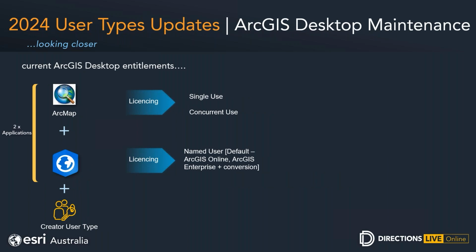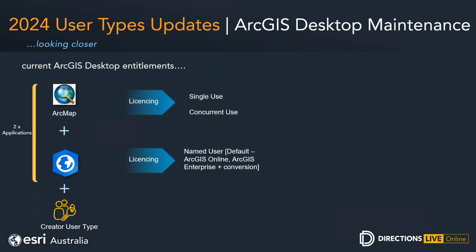For current ArcGIS Desktop perpetual licenses, conversion from ArcGIS Pro named user to single use or concurrent use is available for existing ArcGIS Desktop license holders. And provided your license is perpetual or permanent, you'll continue to have access to your ArcMap licenses and conversion to ArcGIS Pro forever and ever.